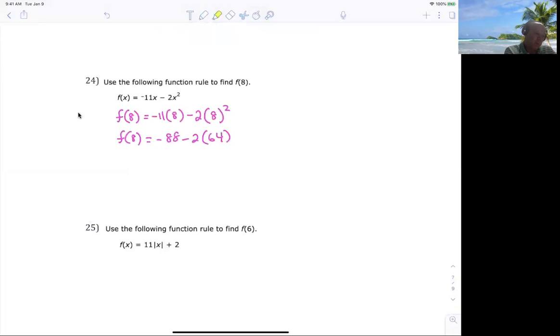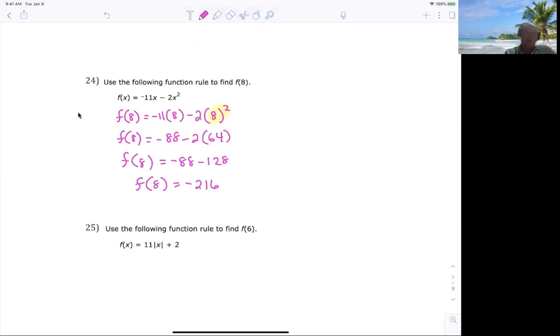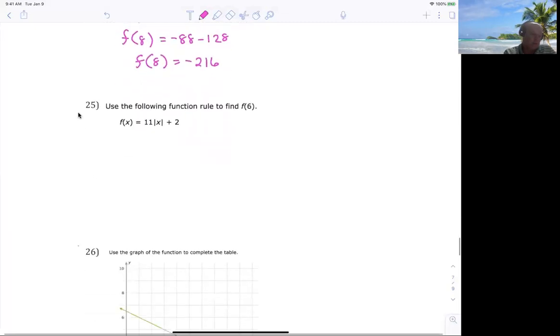Remember, you have to square before you multiply. F of 8 equals negative 88 minus 128. So f of 8 is equal to negative 216. Again, you don't need a calculator for that. Practice your mental math.